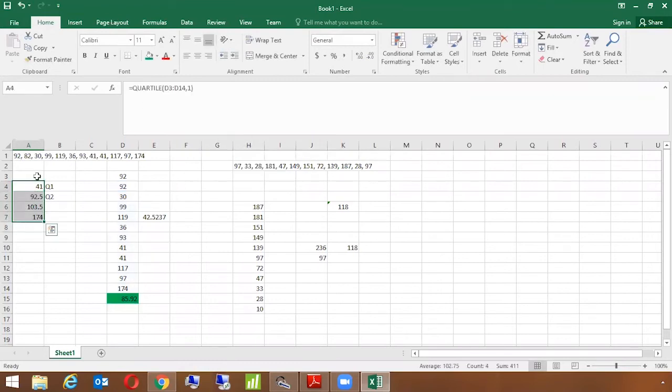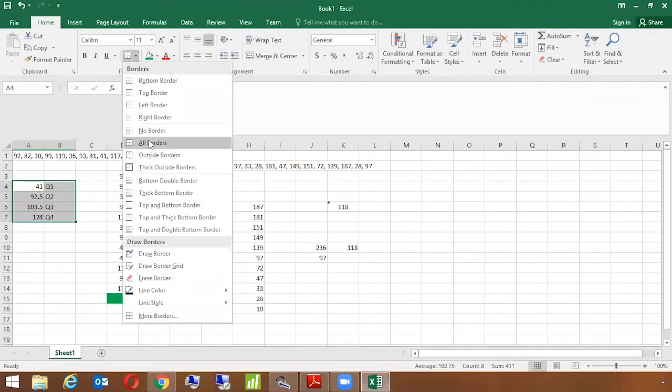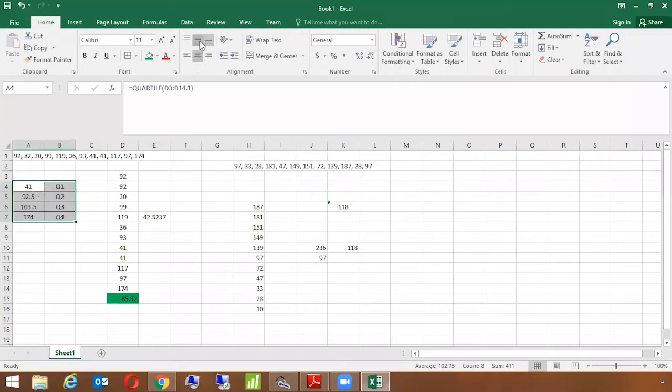So this is my distribution as per the different quarters that I have: Q1, Q2, Q3, and Q4. In a given data set, the minimum value here is 36.